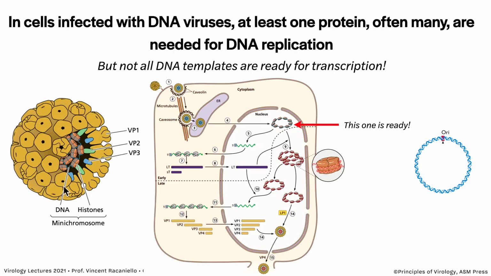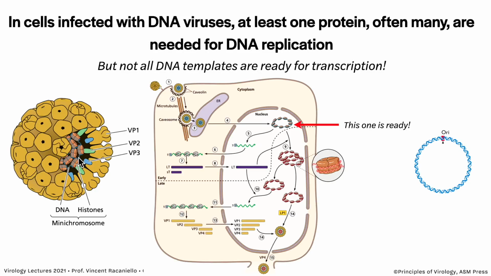But here's the particle. It's one of those larger ones, so it has hexamers and pentamers, and in it is a double-stranded DNA. Here it is all the way on the right. It's a circular double-stranded DNA, covalently closed circular DNA, not linear. And this is actually packaged in the particle, wrapped around nucleosomes, right? They're mini chromosomes, DNA and histones.